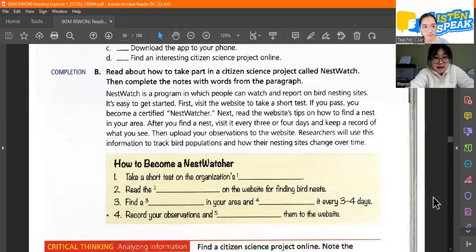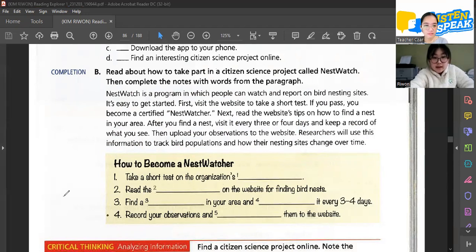Nest Watch is a program in which people can watch and report on birds' nesting sites. It's easy to get started. First, visit the website to take a short test. If you pass, you become a certified nest watcher. Next, read the website's tips on how to find a nest in your area.